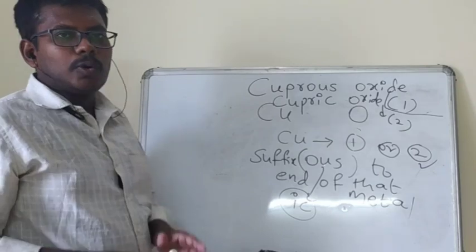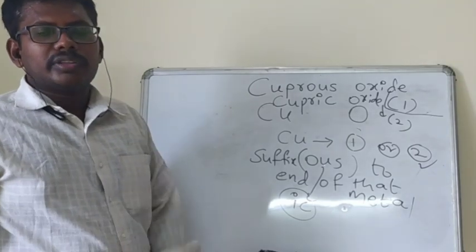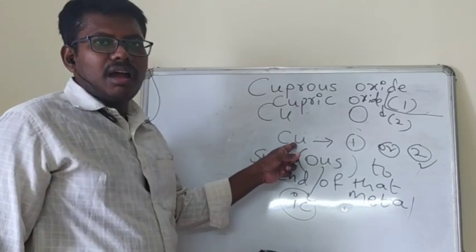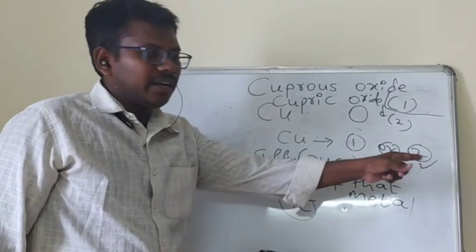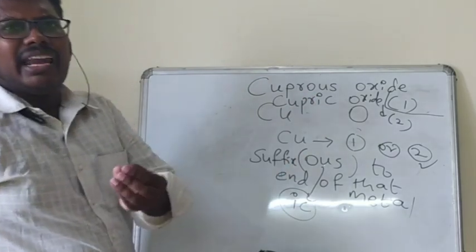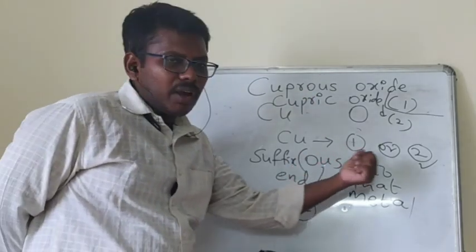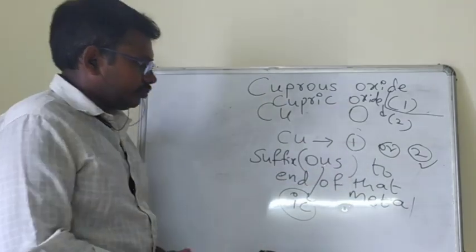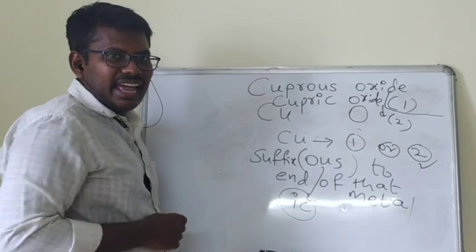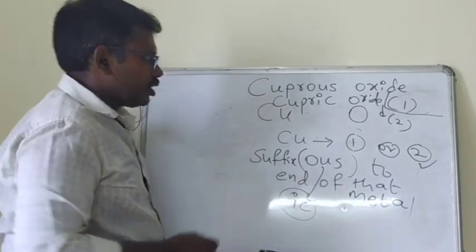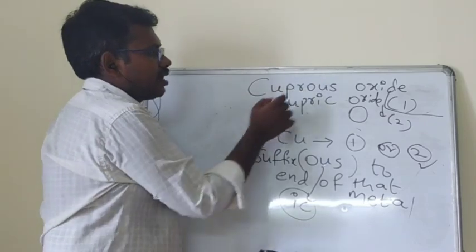Cupric oxide. One more time, I am saying, copper valency is 1 or 2. If copper reacts with oxygen with valency 1, comparing 1 and 2, 1 is the lower valency. So at that time write "ous" as suffix at the end of the metal. The name is cuprous.